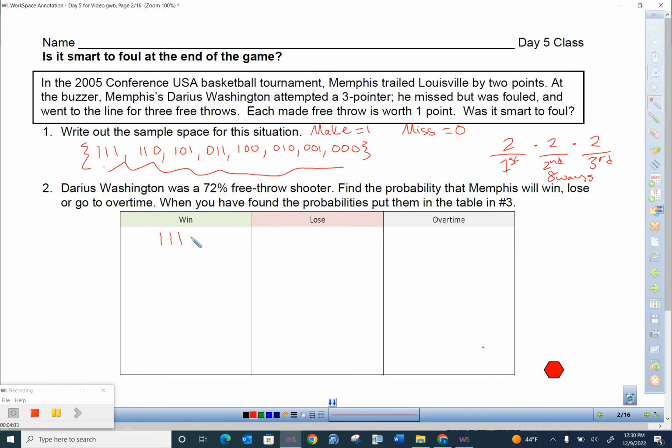Okay, and from kind of what we learned last time with independent events, we want this one to be a make, and this one to be a make, and this one to be a make. Because the shots are independent from each other, that just means this 72% is happening for each of these different shots.